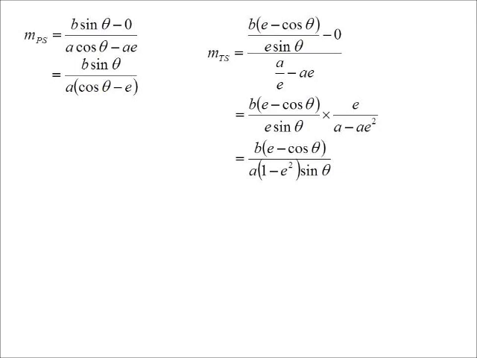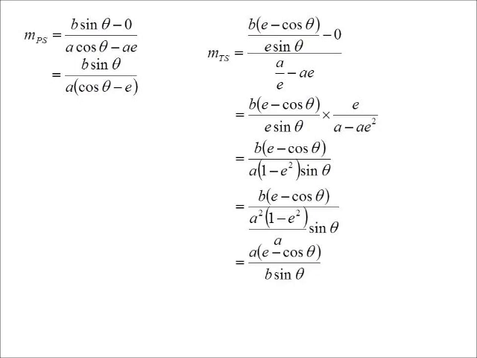Well, that's where I'm going to rewrite this a on 1 minus e squared. All I've done is multiply top and bottom there by a. So instead of saying a outside of 1 minus e squared, I'm saying it's a squared, 1 minus e squared, divided by a, because a squared 1 minus e squared is equal to b squared.